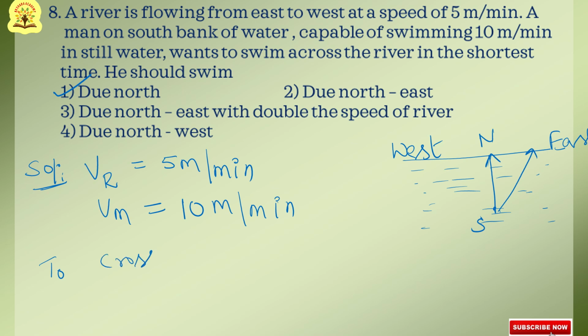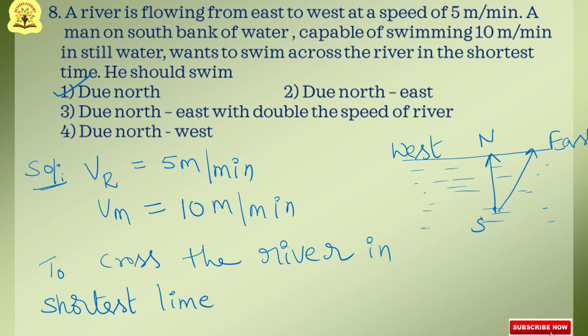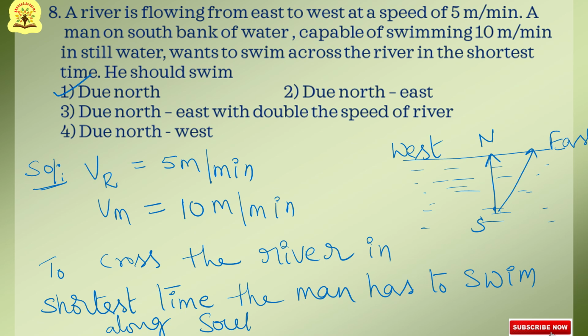To cross the river in the shortest time, the man has to swim along the south to north direction.